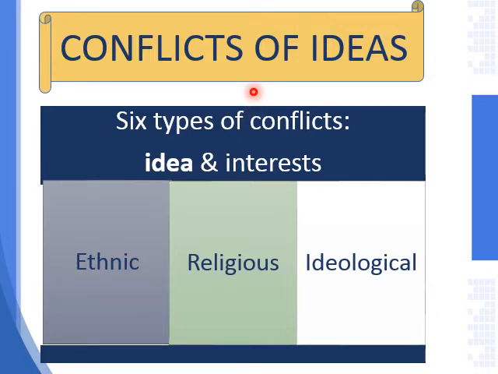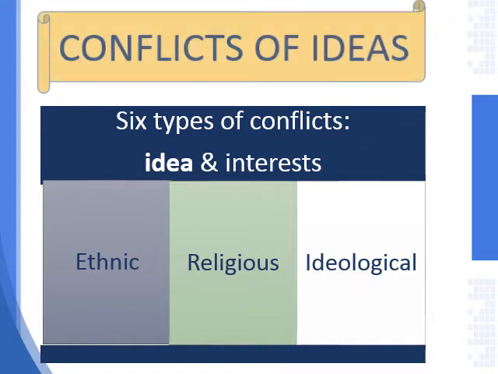There are 6 types of international conflicts, subdivided in 2 main categories: conflicts of idea and conflicts of interests. Today we are discussing the first category, conflicts of idea, which are ethnic, religious, and ideological conflicts.